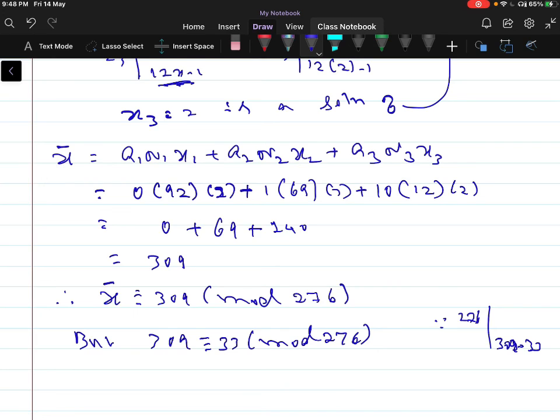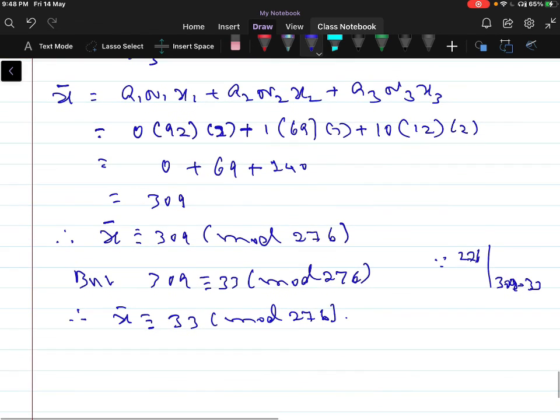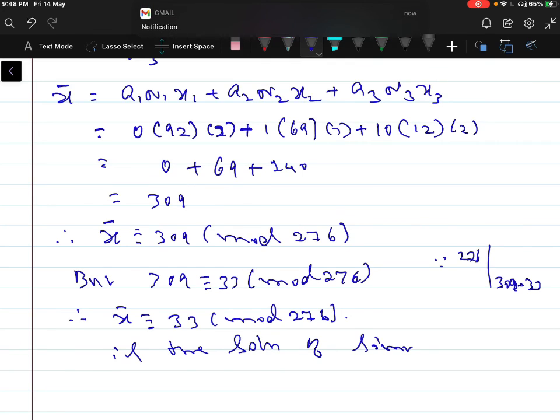So therefore you can write x bar is congruent to 33 modulo 276. So this is the unique solution of the simultaneous equations.